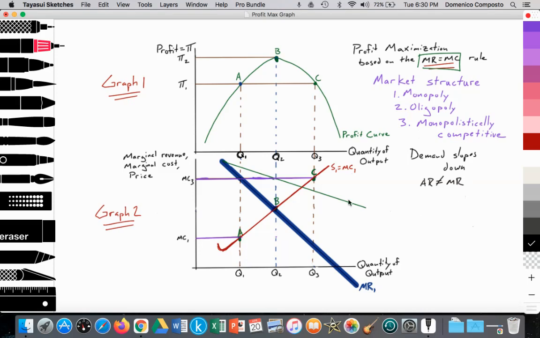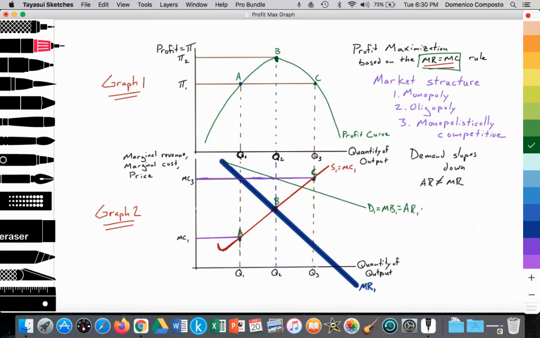Here we have our very elastic demand curve. This is reflective of a monopolistically competitive market structure, since they face substitutes and competition, their demand curve would be fairly elastic. We label that as D1, which we know is equal to the marginal benefit. Demand is always equal to the marginal benefit. We can also state that it's equal to the average revenue.